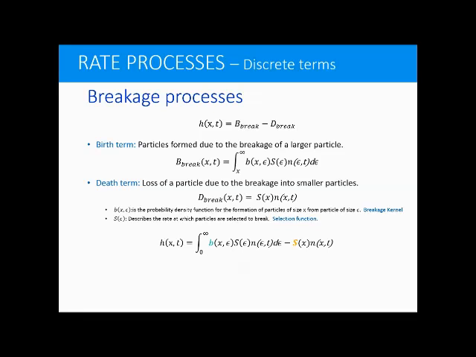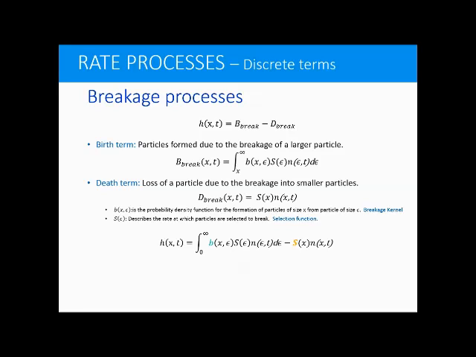Epsilon will vary from x to infinity, or the largest particle size that's being modeled. B will tell us, upon breakage of a particle of size epsilon, with which probability a particle of size x is formed, so how many fragments of x are formed by breakage of a particle of size epsilon.